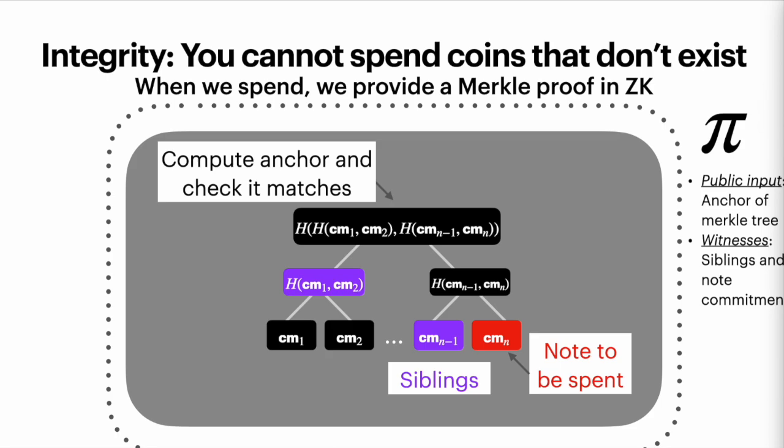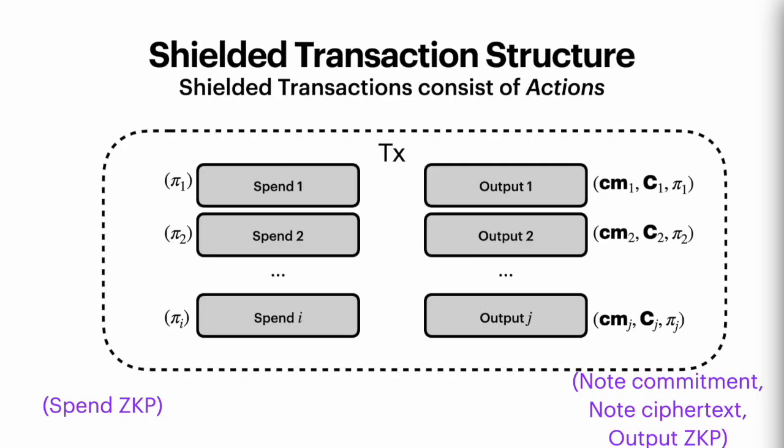And then the witnesses would be the note commitment, which as we've just described should be private, and its siblings in the tree, because we also want that to be private, since that reveals which note commitment we're spending. We're going to add a proof to each spend, shown on the left side.